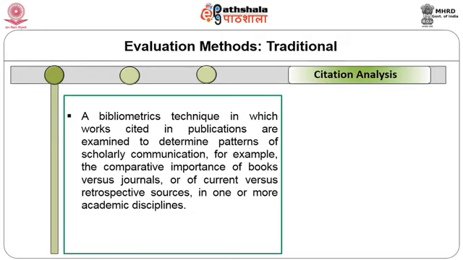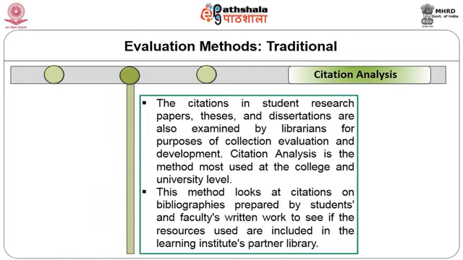For example, the comparative importance of books versus journals, or of current versus retrospective sources, or in one or more academic disciplines. The citations used by students, faculty, research scholars in their theses and other research artifacts and dissertations are also examined for the purpose of collection evaluation and development.